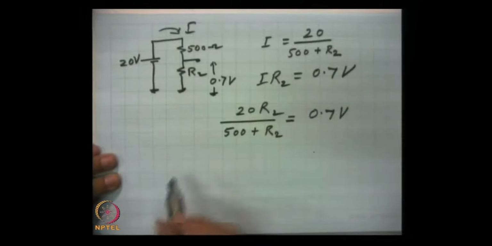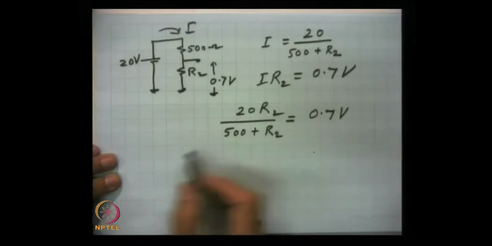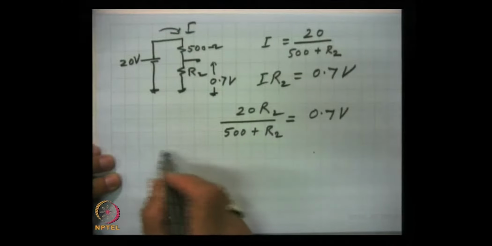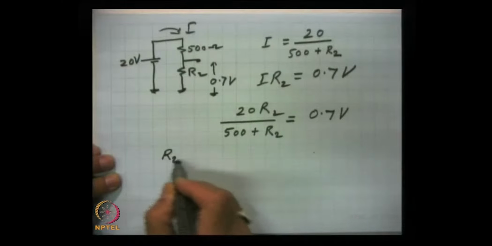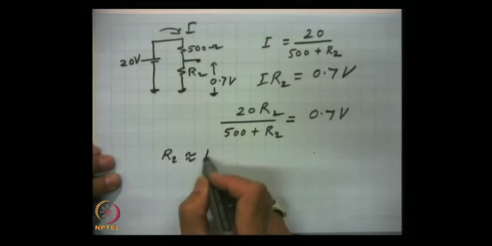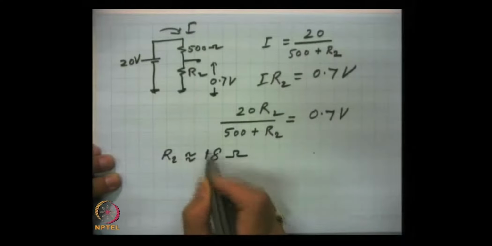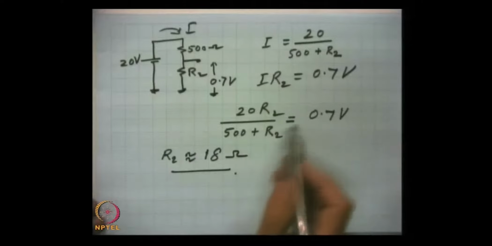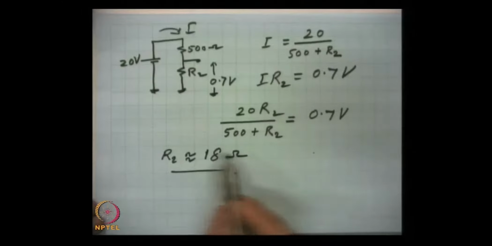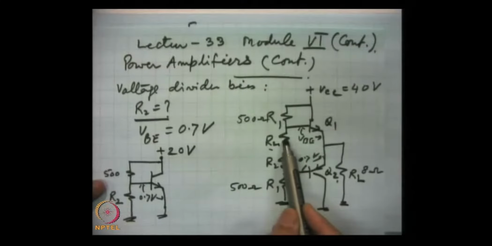From here we find the value of R2. R2 comes out to be very close to 18 ohms. Simple. Cross multiplication will give the value of R2 as 18 ohms. So, a 500 ohm resistance here and 18 ohm resistance here.